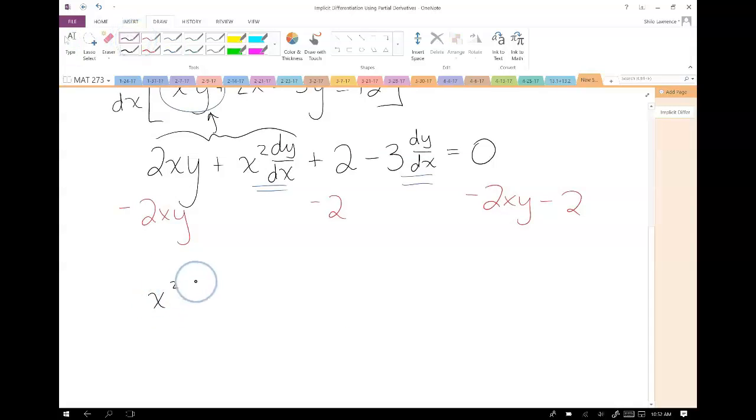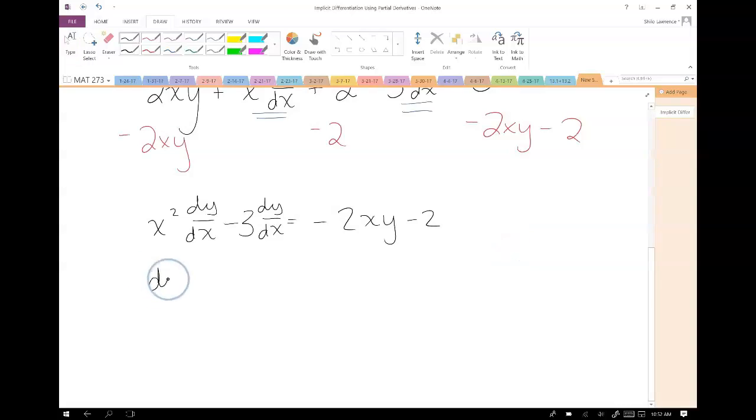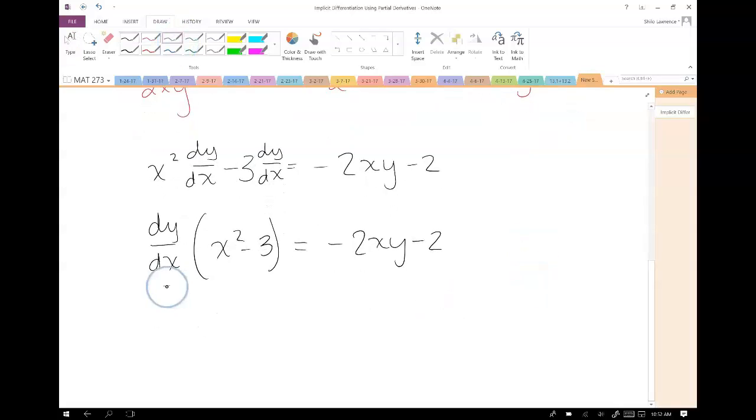So we're left with x squared dy dx minus 3 dy dx equals negative 2xy minus 2. Now we can factor the dy dx out on the left, and divide over the x squared minus 3 in order to solve for dy dx.